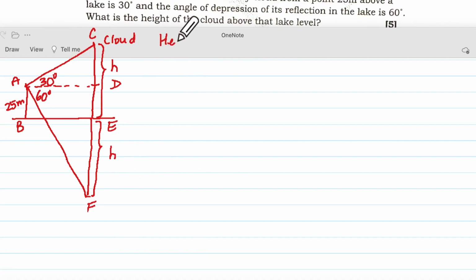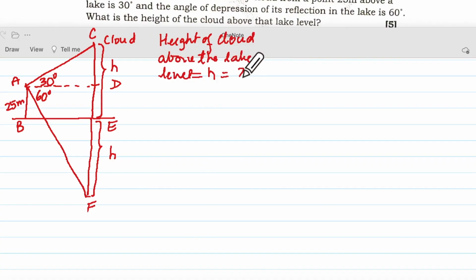The height of cloud above the lake level, which is equal to H equal to question mark.